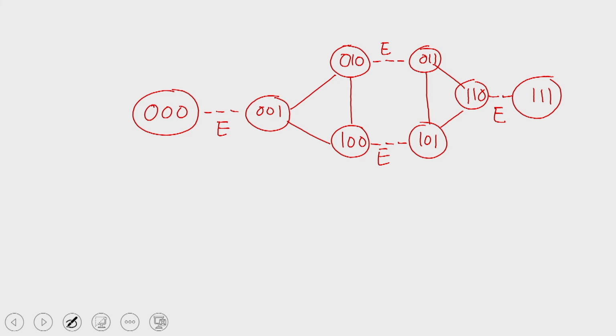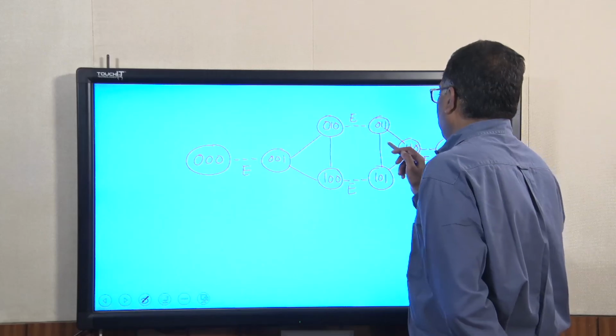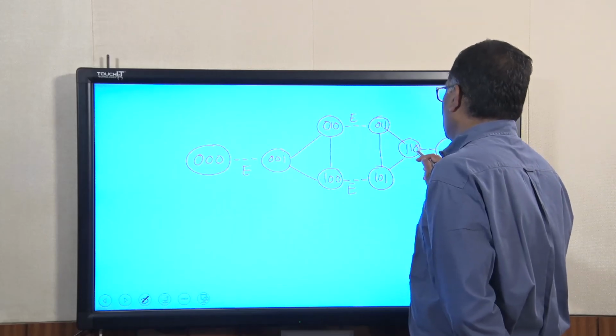In shuffle edges, we perform cyclic rotations. When we perform left rotations, 001 becomes 010, and when we rotate again, we get 100, which we rotate again to get 001. So, when we cyclically rotate to the left, we will be going through this cycle 001, 010 and 100. Similarly, in a mirror image situation, when we start from 011 and do a left shift, we will be going to 110.